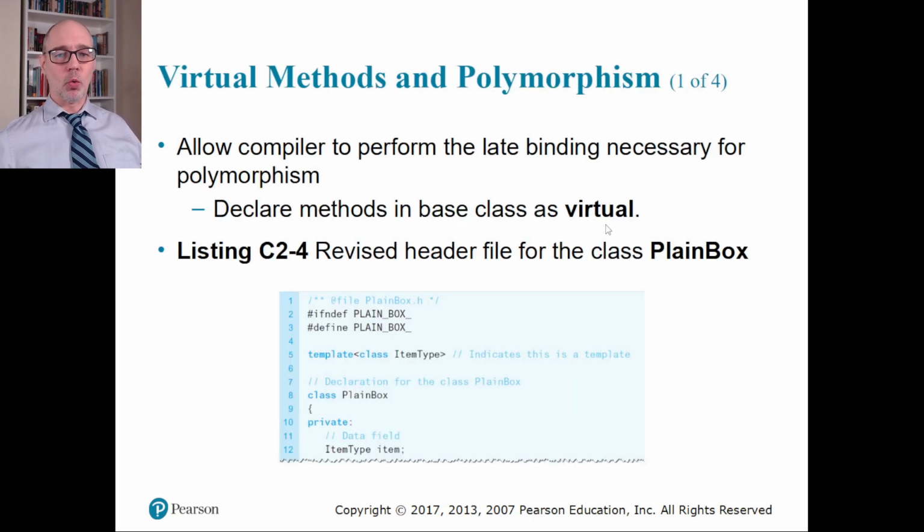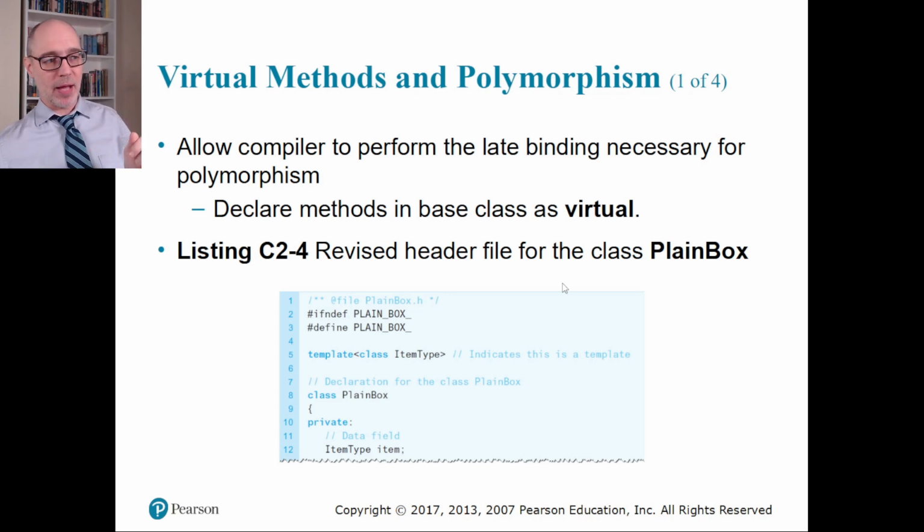You have to tag the parent version of that function with virtual to tell the system to do the extra work, track the fact we have multiple different types of objects running around our system. We have multiple different redefined versions of that function, and you'll have to track in real time which one's coming into this function and call the correct redefined version of that method.